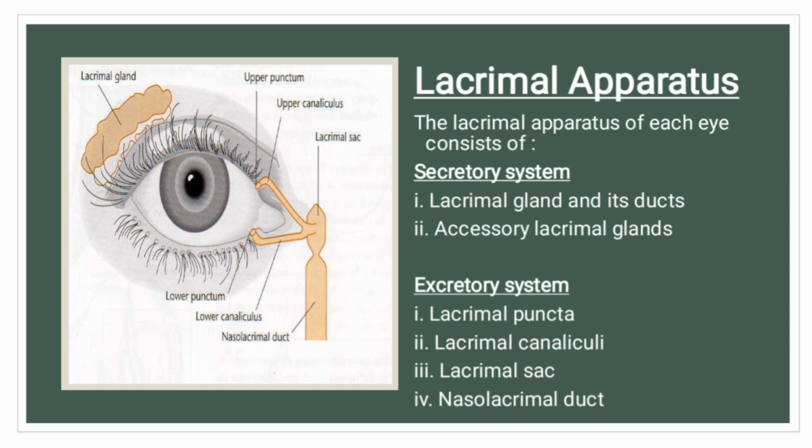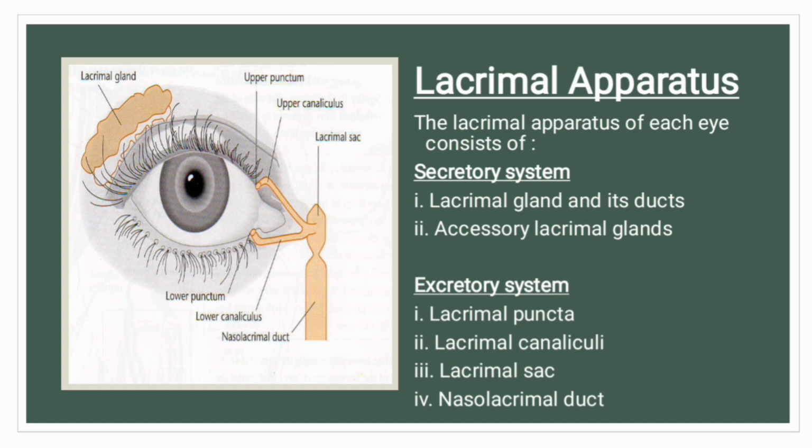The excretory system is the second part of the lacrimal apparatus, that includes the lacrimal punctum and the lacrimal canaliculi, the canals after the punctum, which we have discussed before. Then we have the lacrimal sac where all the tears are collected, and from the lacrimal sac the tears move to the nasolacrimal duct that is present in the nose, and from the nasolacrimal duct the tears are drained into the inferior meatus or the nasal cavity, right?